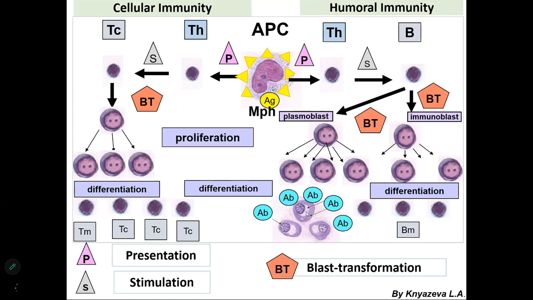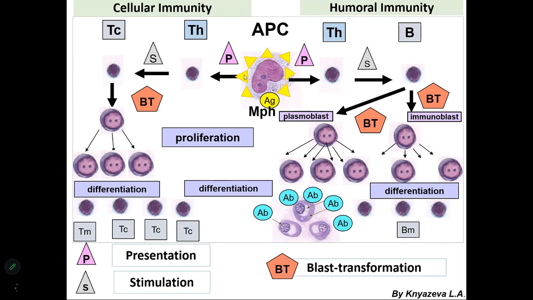This is location of Golgi complexes and basophilic cytoplasm, because antibodies are produced on ribosomes of rough endoplasmic reticulum. And the result of this immune response is appearance of multiple plasmacyte and B memory cells.